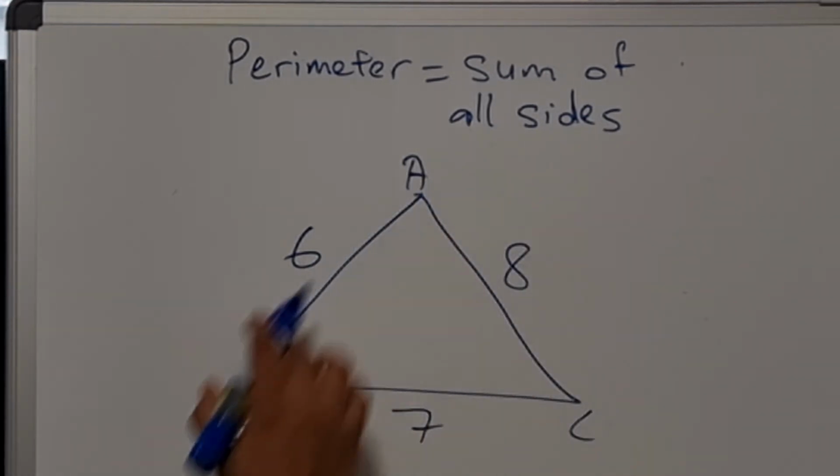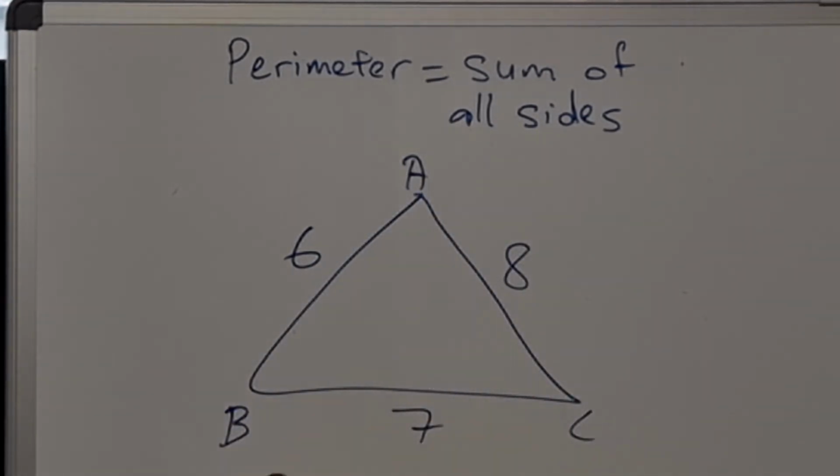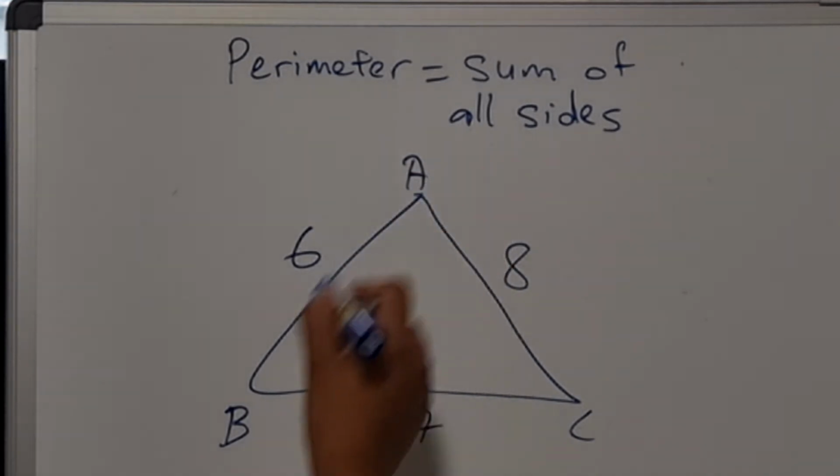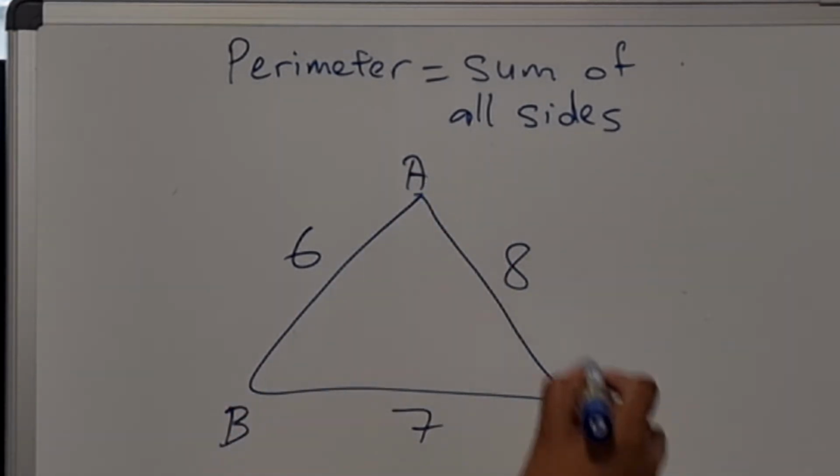Perimeter will be all the sides, 6 plus 7 plus 8. Which will give you 6 plus 7, 13, 13 plus 8, 21 cm.